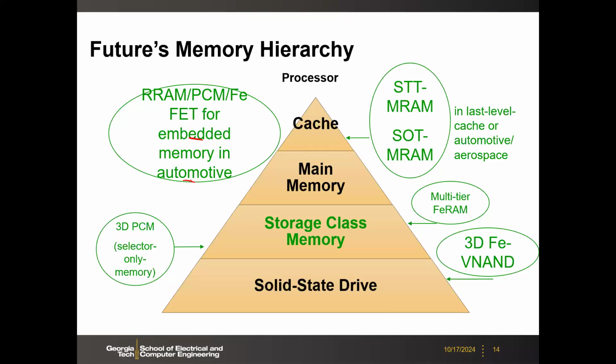There are a few megabytes of data you have to store on that microcontroller, and eFlash does not scale beyond 28 nanometer. So if your technology can scale beyond 28 nanometer with non-volatile storage, this is an easy market to enter. That's why all the major foundries' initial target is to use RRAM, phase change, even FE-FET for embedded memory in the automotive space.